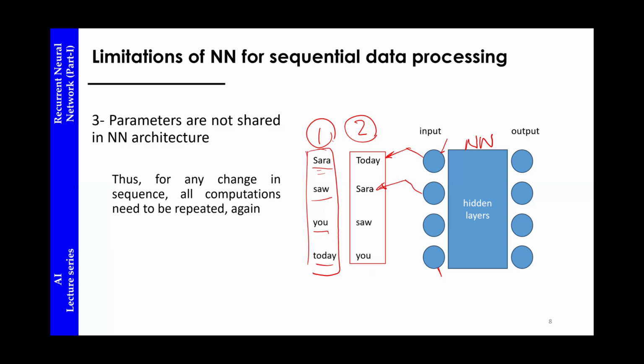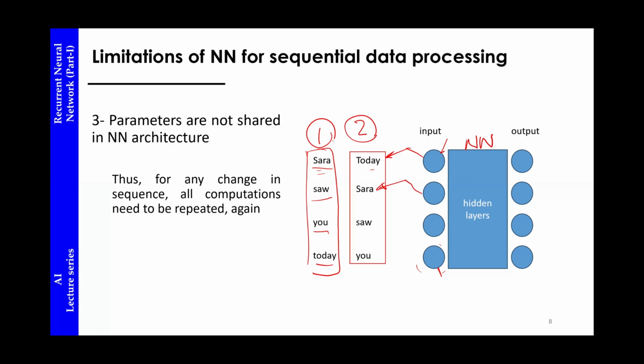Because the parameters are not shared in fully connected neural networks, the parameters from this node will not transfer to the first node for today, and we need to rerun the neural network again. This is another challenge that we have in working with sequential data with fully connected neural networks.